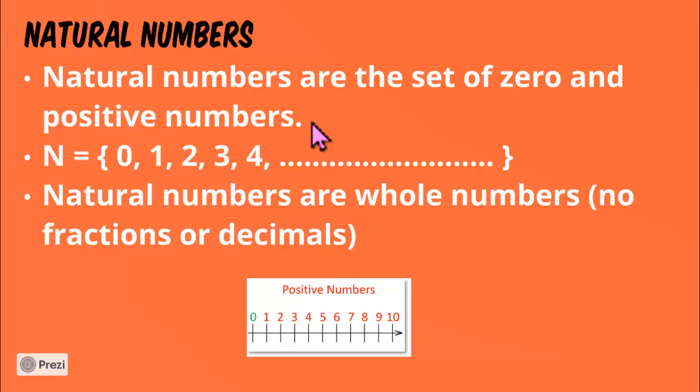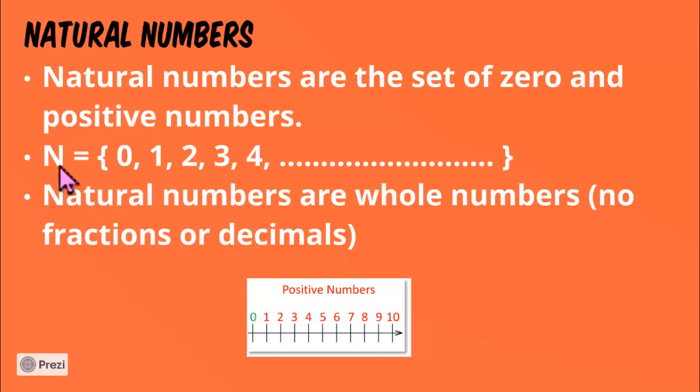So we can say that natural numbers are the set of positive numbers union the set 0. Natural numbers equals the set 0, 1, 2, 3, 4, and so on. Again, natural numbers are an infinite set, meaning that this set has no end. I know it begins with 0, but I don't know exactly where it ends.